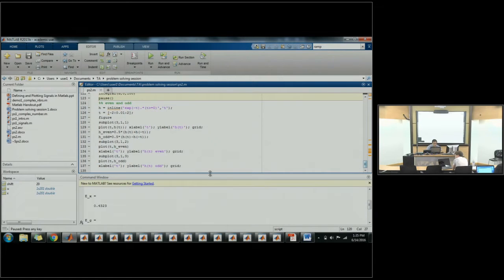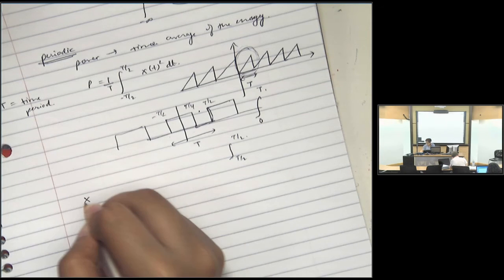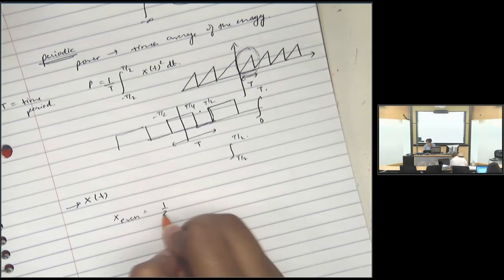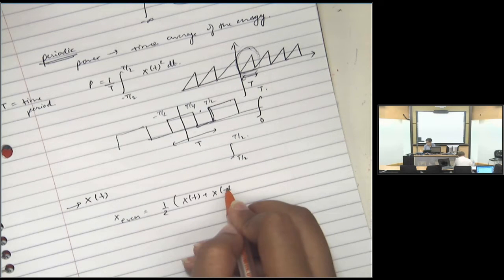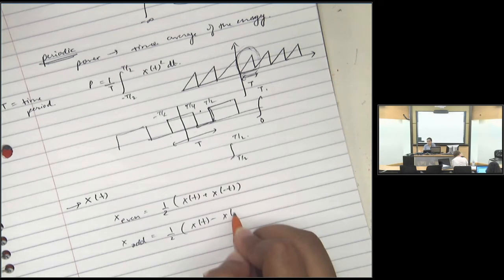Right. Now comes the question of even and odd functions. Any function that you have can be split into its even and odd parts. So let's say if x(t) is your given function, its even component will be half of x(t) plus x of minus t, and its odd component will be half of x(t) minus x of minus t.